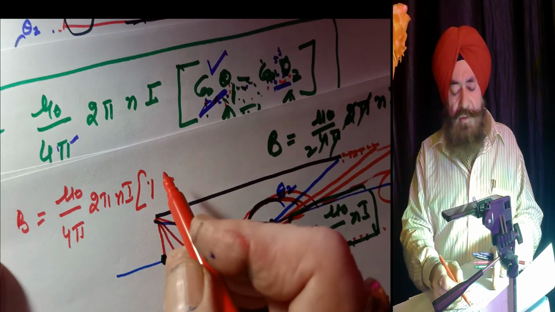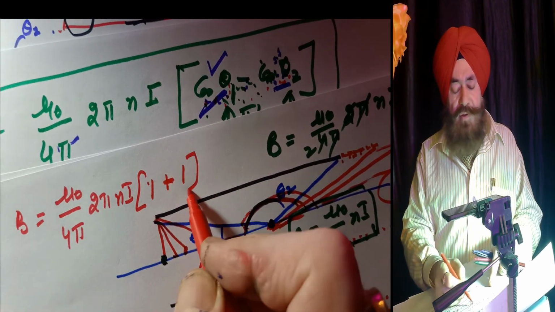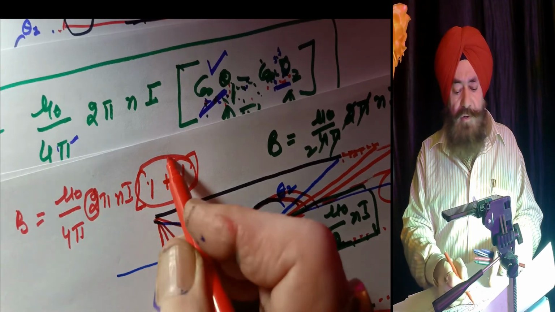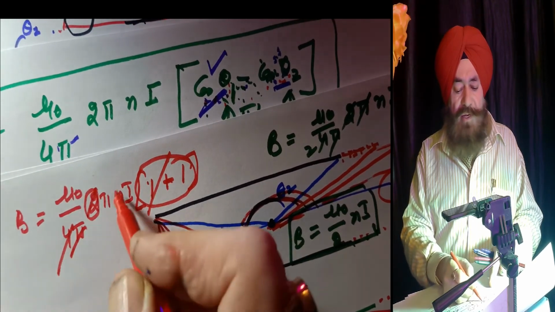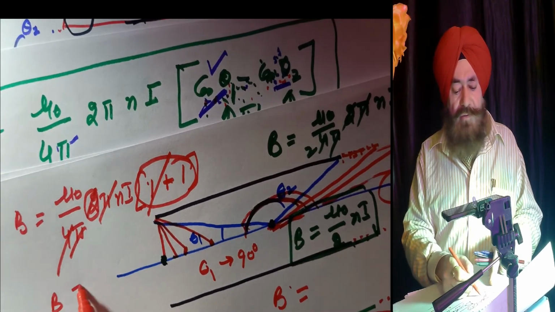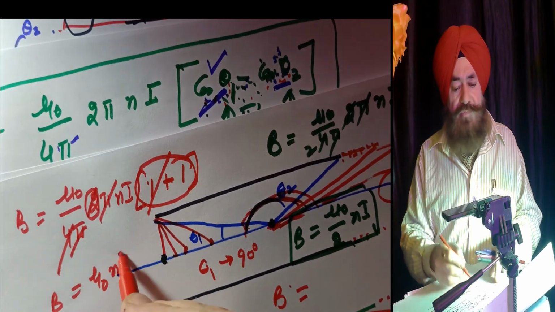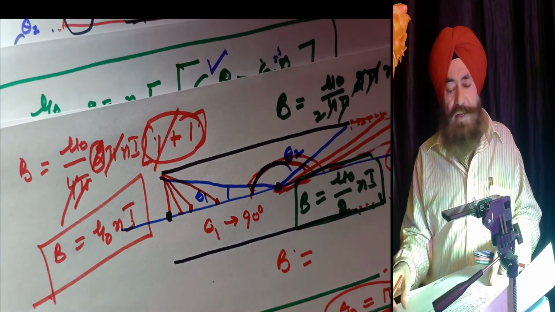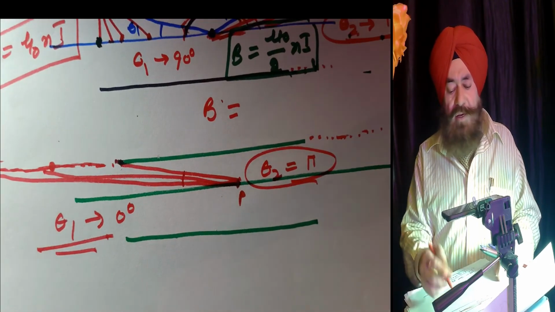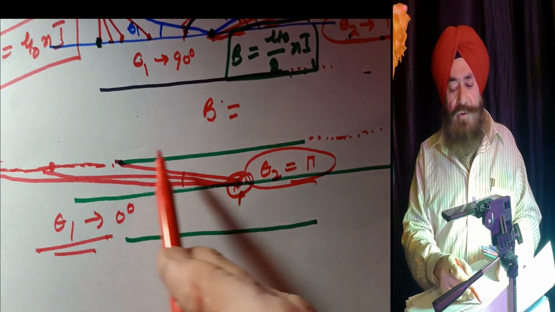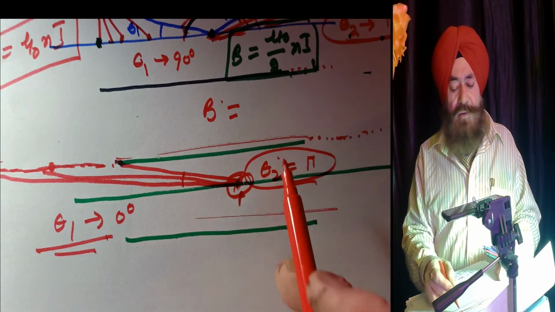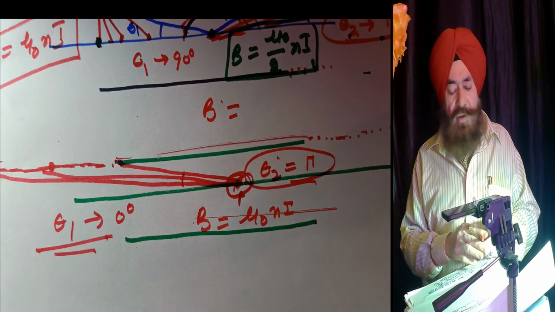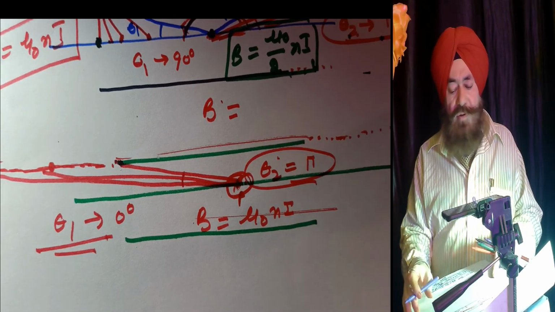Cos pi is minus 1, so minus minus 1 is 2. And 2 and 2 make 4. 4 cancels with this, pi cancels with this, and B becomes mu naught n I. So this is the formula of magnetic field at a point inside, due to the long solenoid. Mu naught n I.